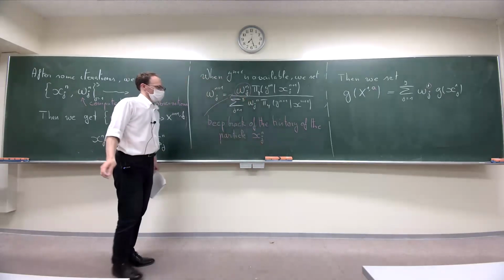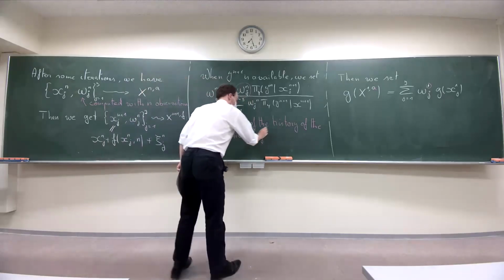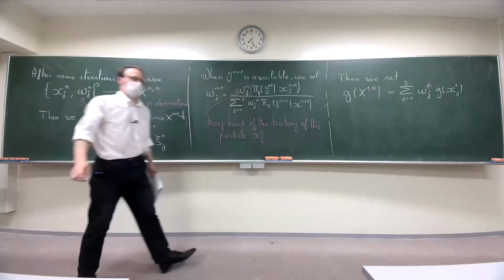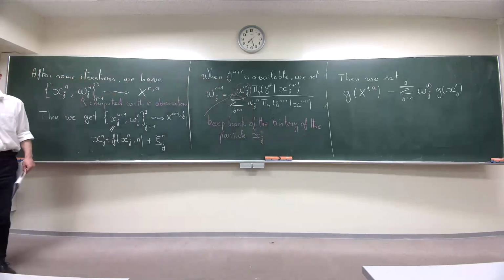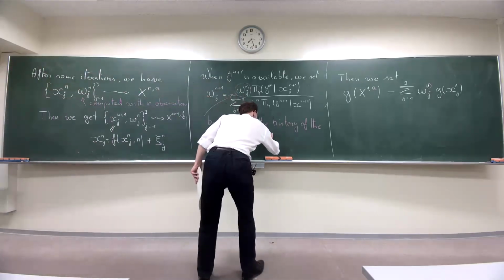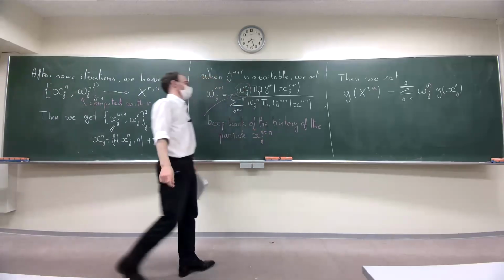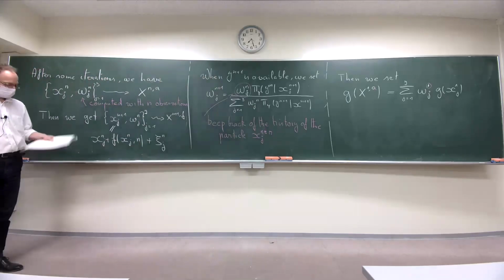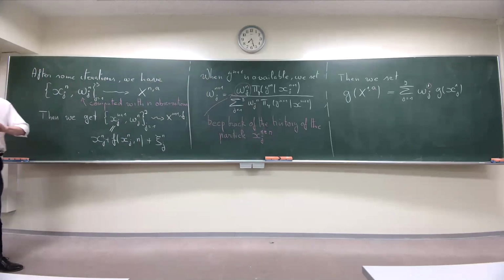Or this n, I should write just x_j here because it's a history, so it's for different n. Or I can write x_1 up to x_n, 1 up to n. It keeps track of this.